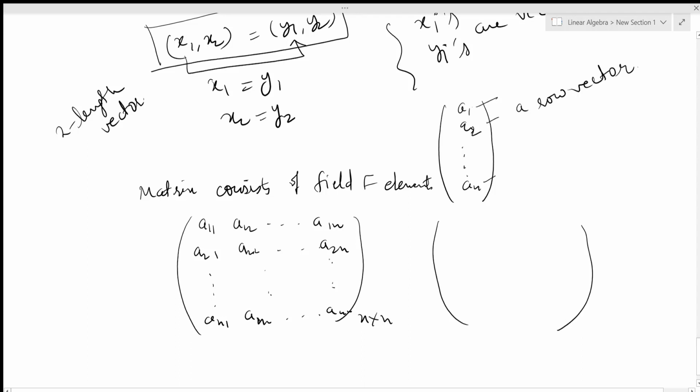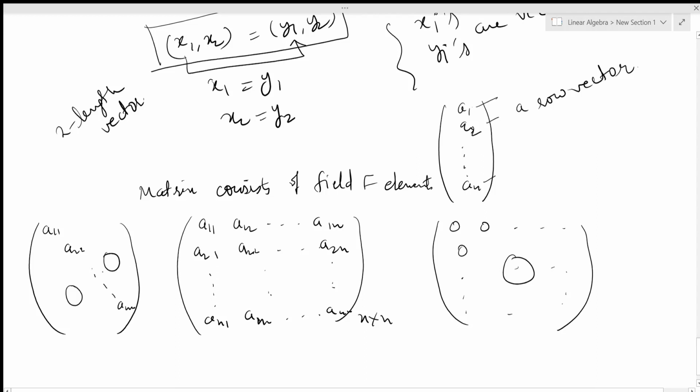Now there is a zero matrix, which means all the entries are 0. A diagonal matrix means A11, A22, and so on are the only non-zero entries, and all remaining entries are 0. So this is just the definition of a vector space.